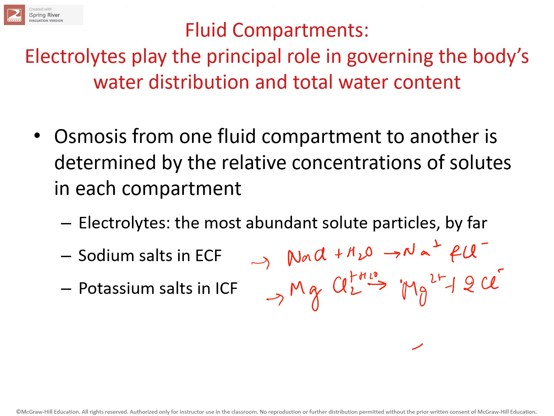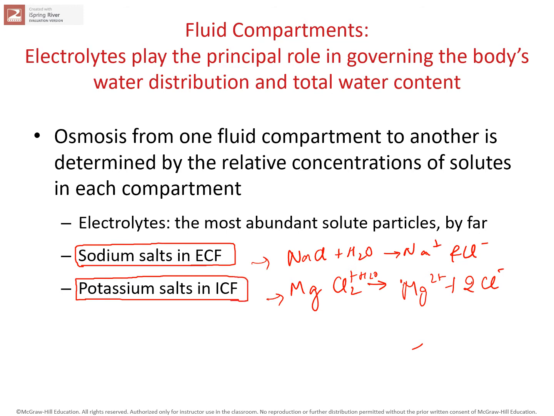And one of the most important solute particles is sodium in the extracellular fluid and potassium in the intracellular fluid. If you remember muscle physiology and nervous tissue physiology, we talked about how the extracellular fluid is really high in sodium concentration, and intracellular fluid has really high amounts of potassium salts.